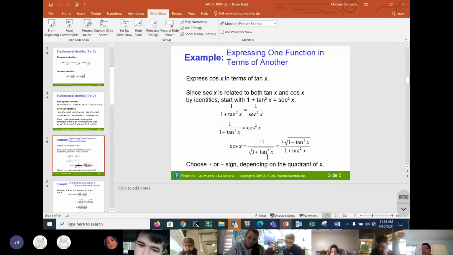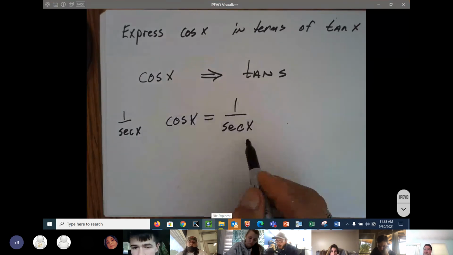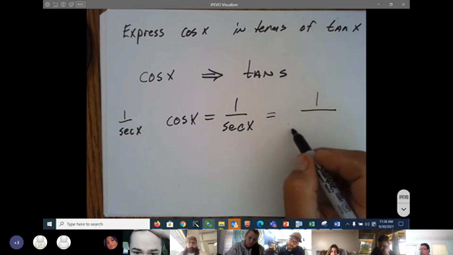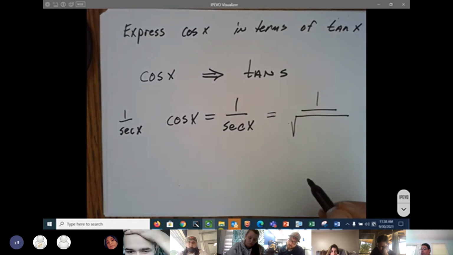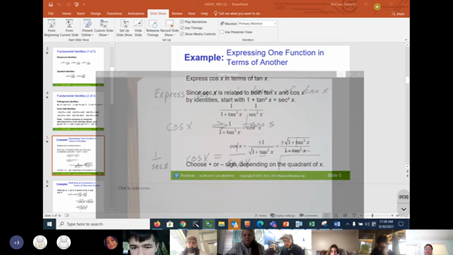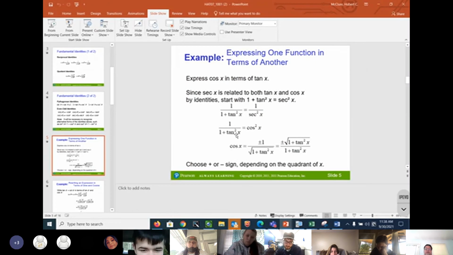So I can rewrite cosine of x as equal to 1 over the secant of x. Because remember, 1 plus tangent squared, you have to be able to solve for the secant.